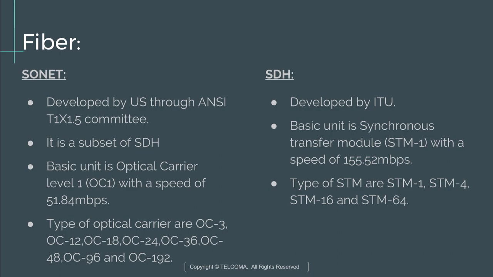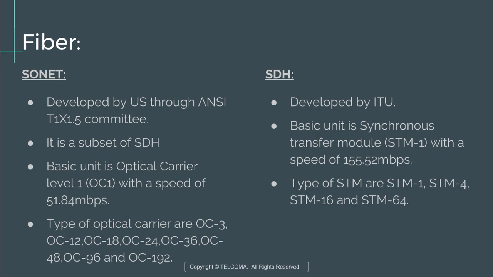The basic unit of SONET is optical carrier level 1, OC-1, which gives a speed of 51.84 Mbps. In SDH, the basic unit is STM-1, the synchronous transfer module, which transmits data at a speed of 155.52 Mbps.